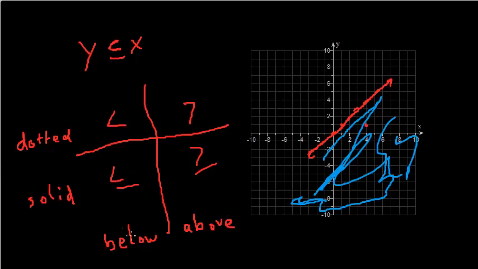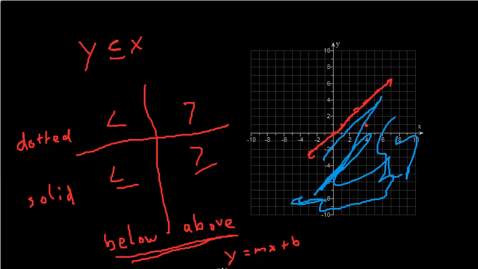Again, this is only true if I'm using my slope-intercept form, y equals mx plus b, with either the less than or equal to, greater than or equal to, less than, or greater than symbols.